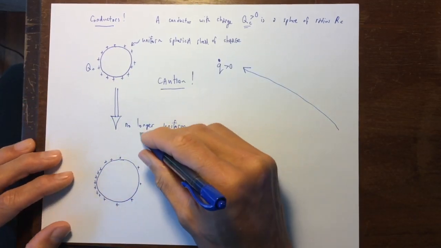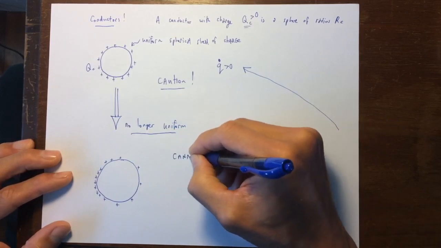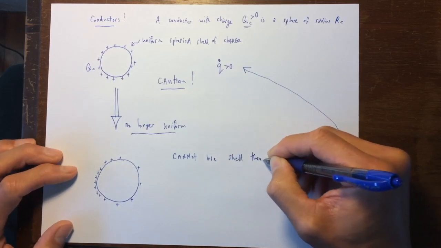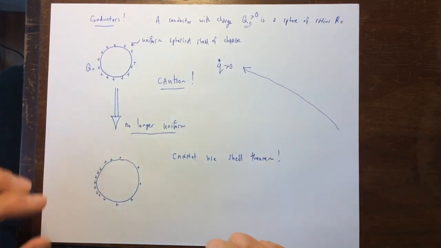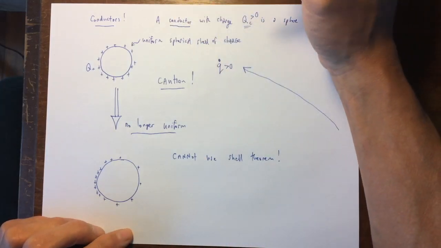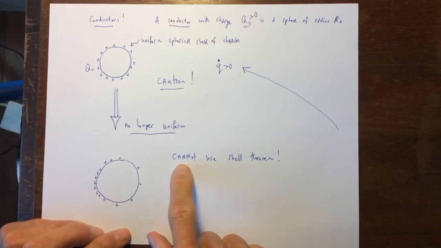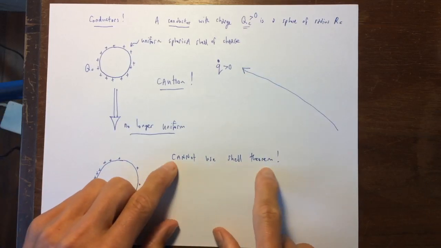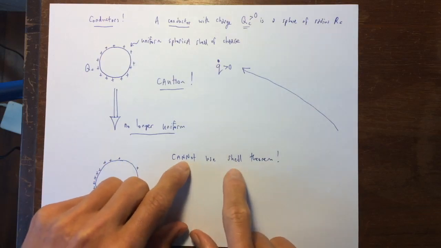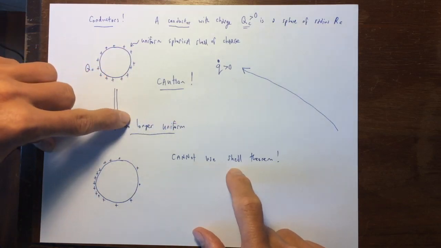So this is no longer uniform, and I cannot use the Shell theorem. So when you see a conducting material having that charge, you have to think a little bit, but you should try to decide whether or not your charge distribution is going to stay uniform.